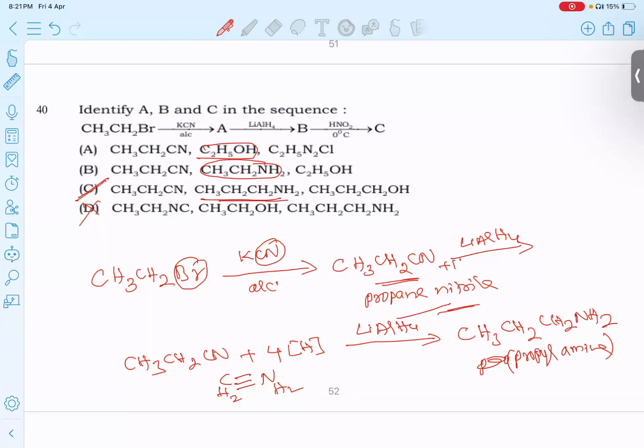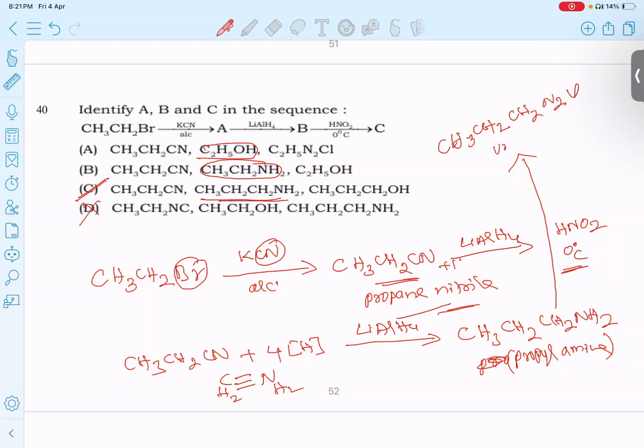Next, CH3CH2CH2NH2, the amine, is treated with HNO2 at 0 degrees Celsius, under cold conditions. First it gives the diazonium salt in a diazotization reaction, that is CH3CH2CH2N2Cl.